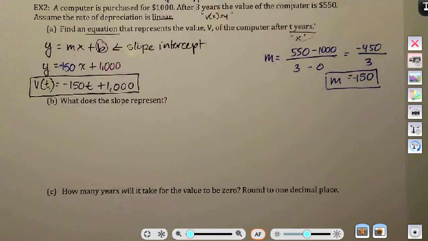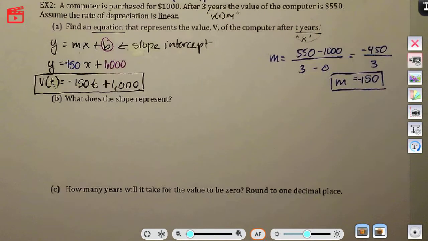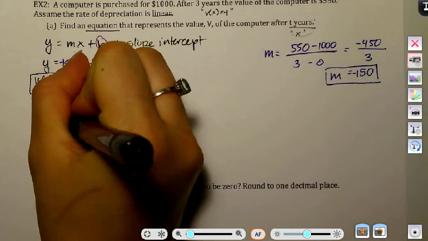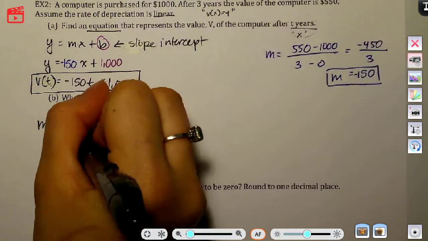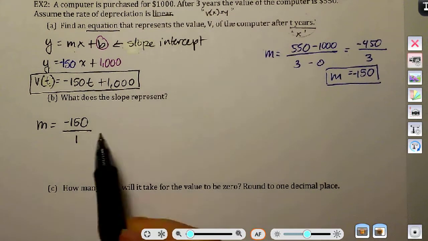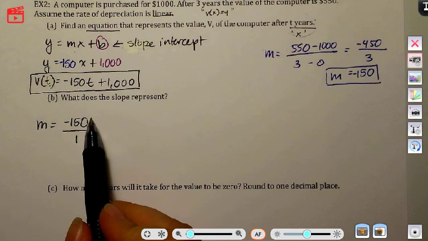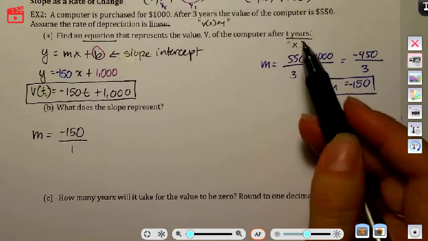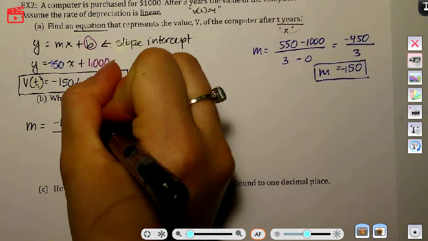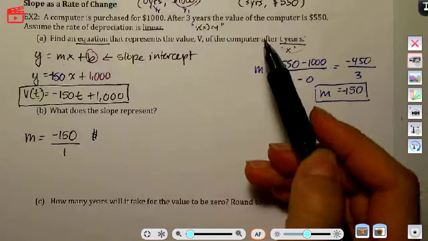All right, so it's asking me, what does the slope represent? Well, what is my slope? My slope is negative 150. And I'll go ahead and just write that over 1 for the sake of this. So remember, the top of our equation is the y values. So the y values are the dollars. And my x values, or my t values, were the number of years.